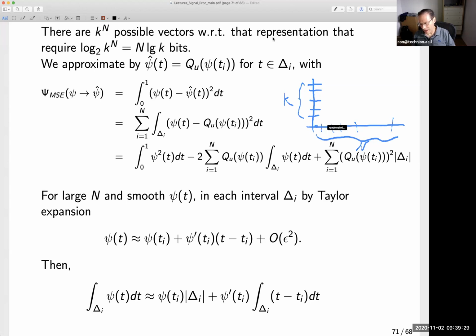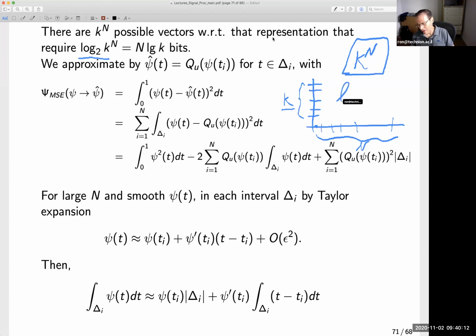In the second one, I have k possible values to choose from, etc. In total, what I have is k times k times k times k times k possibilities, which means k to the power of N different vectors I can look at by quantizing the y-axis into k bins and the x-axis into N bins. Now, if I have this many vectors, how many bits do I need in order to represent a given number? The number of bits that I need would be log 2 of the number. Any number can be represented by log 2.